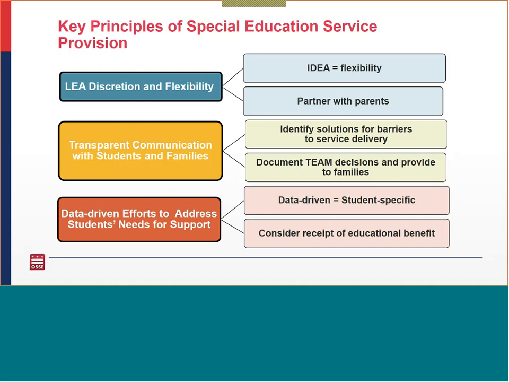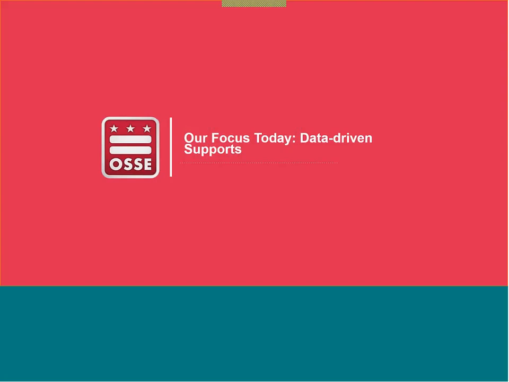Today, we're going to be thinking about data-driven efforts to address students' needs. The requirement is that if we're going to be data-driven, right, we have to be student-specific, and that we're going to consider and prepare to consider receipt of educational benefit. That's why we're really here, right?